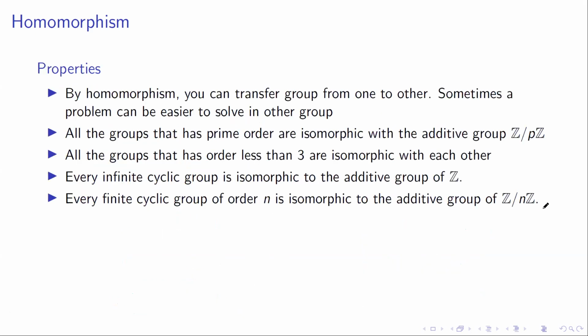Okay, some properties of homomorphism. By homomorphism, you can transfer a group from one to another. Sometimes a problem is easier to solve in another group. So this is very useful.